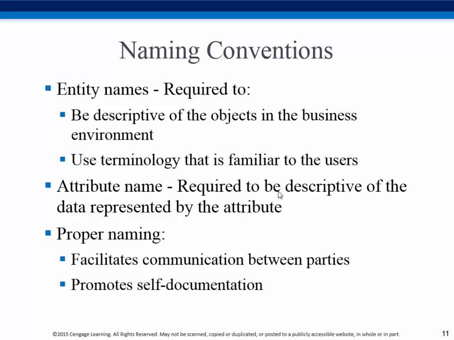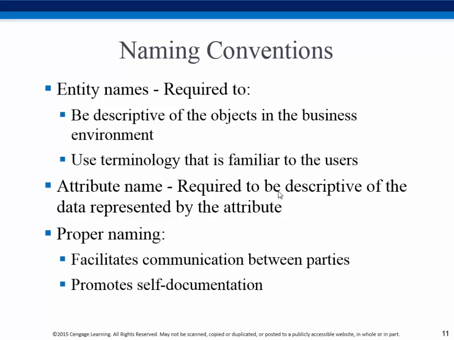For example, in the customer entity, the customer's credit limit may be called CUS_credit_limit. The CUS indicates that the attribute is descriptive of the customer entity, while credit limit makes it easy to recognize the data that will be contained in the attribute.